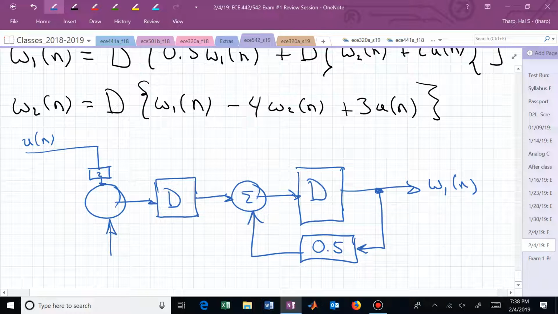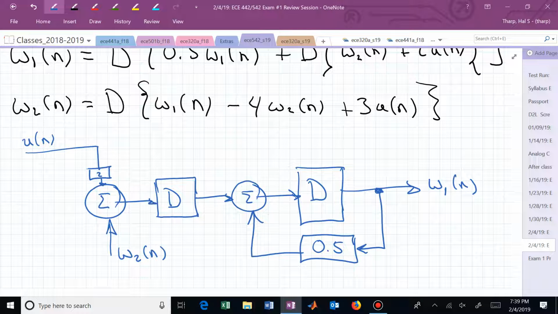So let me say that this is now W2 of n. Is it clear where that came from? That's now the top coupled difference equation in all delay form, just using U, W2, and W1.